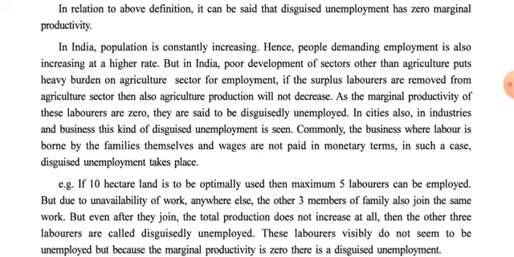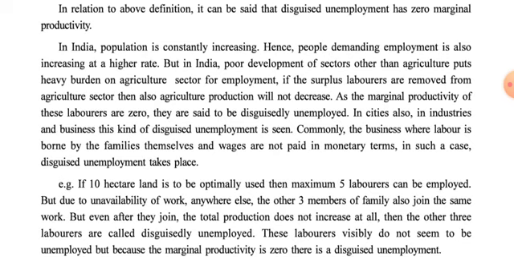If the surplus laborers are removed from the agriculture sector, then also agriculture production will not decrease. So it may happen that all those who are not able to get a job in any of the other sectors are focusing on the agriculture sector for job opportunity or for income.